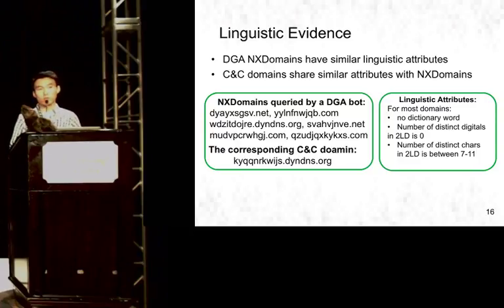Actually, we use 23 linguistic attributes for this evidence. The left figure shows an example of a real DGA bot. From this figure, you can see most of the NX domains are random, so it doesn't make sense to register these domains. Another thing we noticed is that the CNC domain also looks random, very similar to the NX domains there.